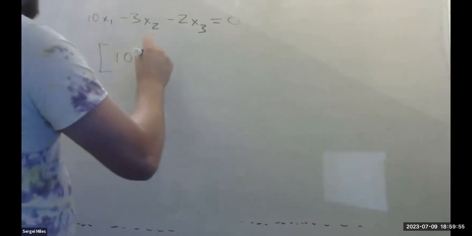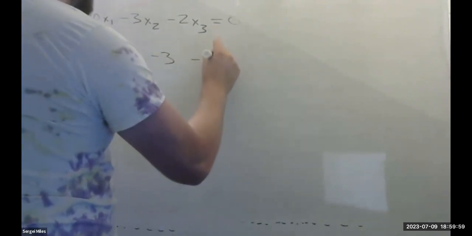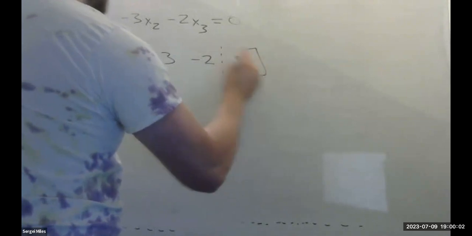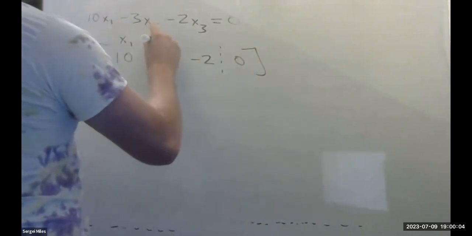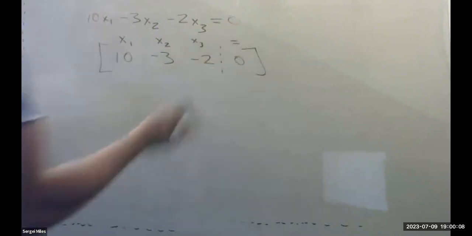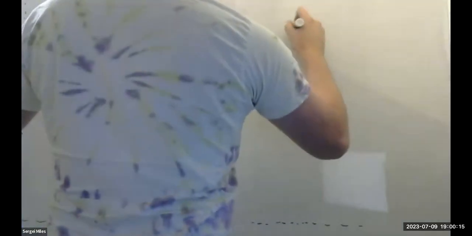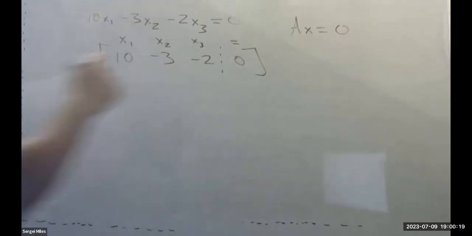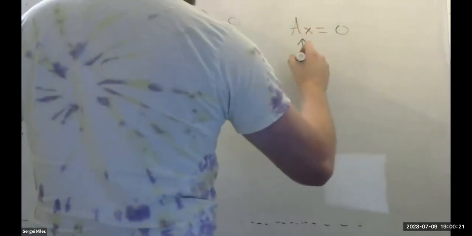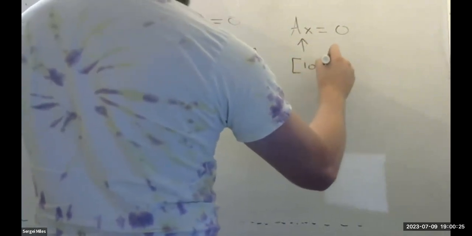However, in this case, I only have 1 equation, so I only have 1 row. Each column corresponds with a variable. And the last column, if I'm talking about an augmented matrix, is referring to the equals column. So I'm still talking about homogeneous systems here, where my matrix A is now this funny 1×3 matrix where we only have 1 row.